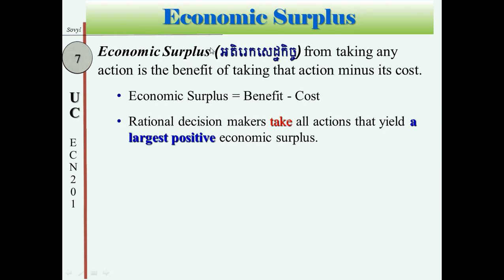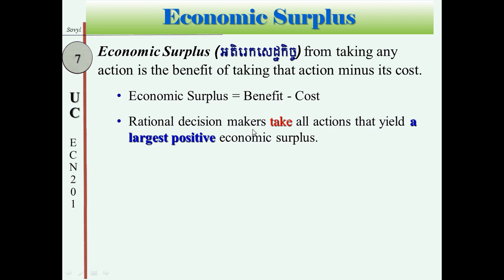Okay. Economic surplus. Yes, maybe I said something already about surplus from a previous slide. Economic surplus from taking any action is the benefit of taking that action minus its cost. That's why economic surplus equals benefit minus cost.